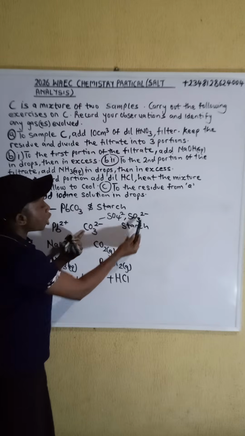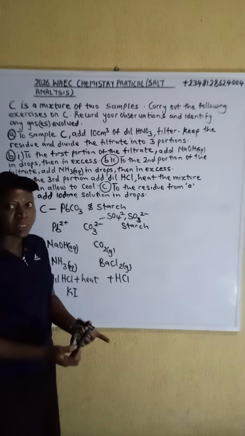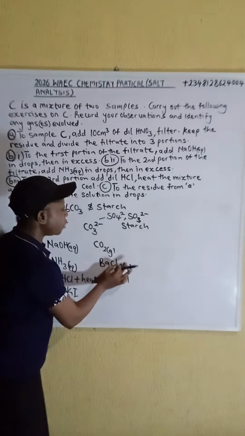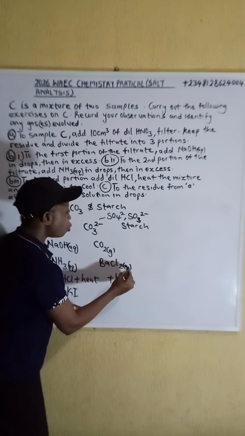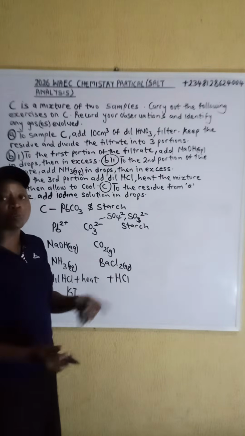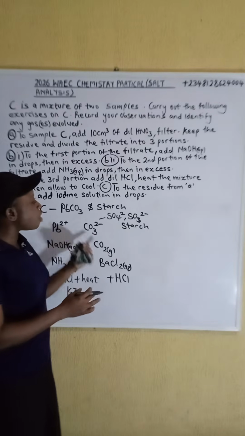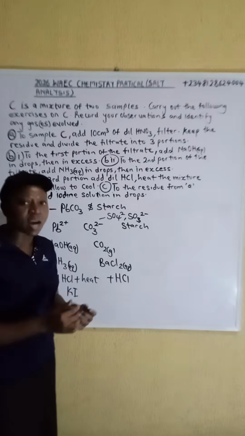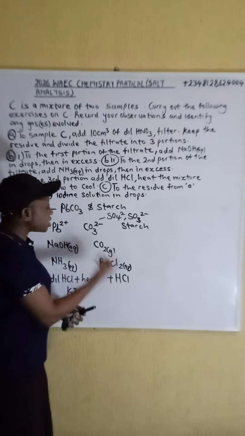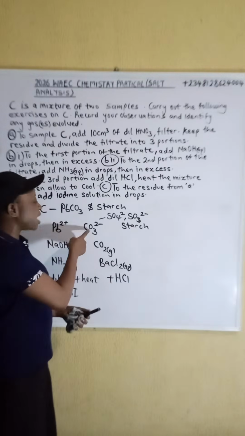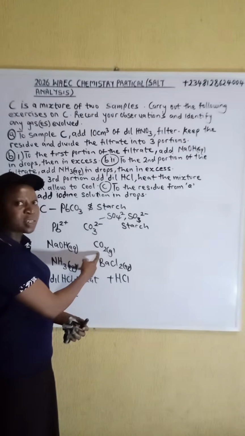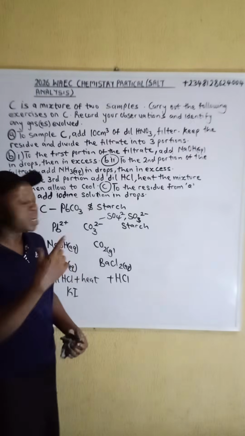So the following anions will give a white precipitate when aqueous barium chloride is added. Now to confirm the presence of carbonate, you add hydrochloric acid. When hydrochloric acid or dilute acid is added, there will be effervescence of a colorless and odorless gas. That is, carbon(IV) oxide will be evolved.